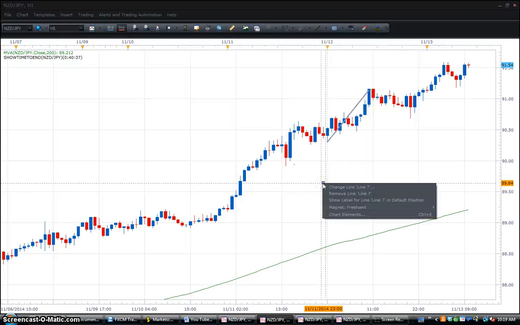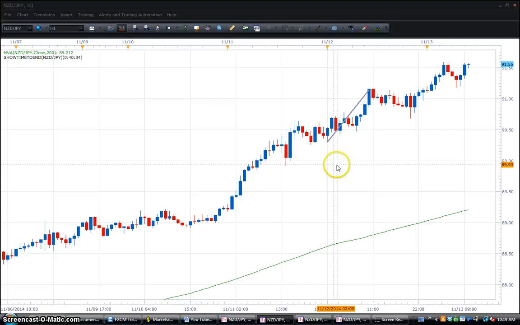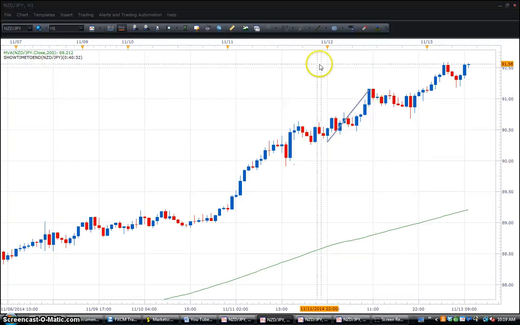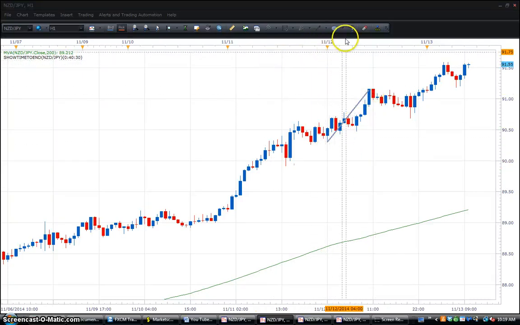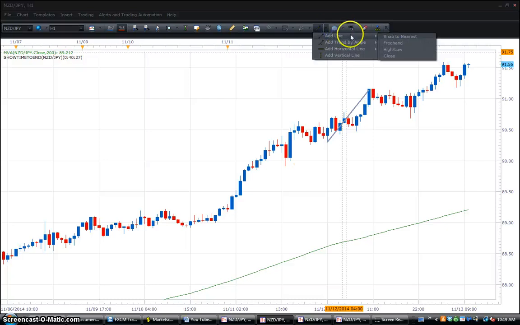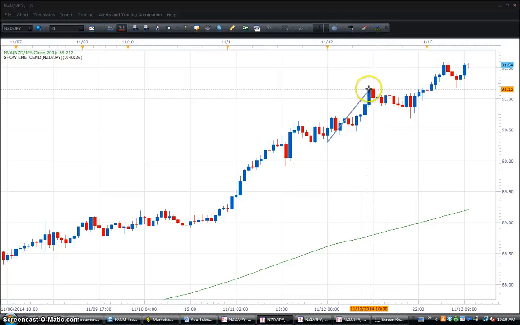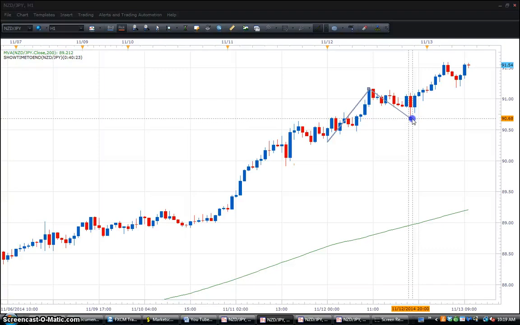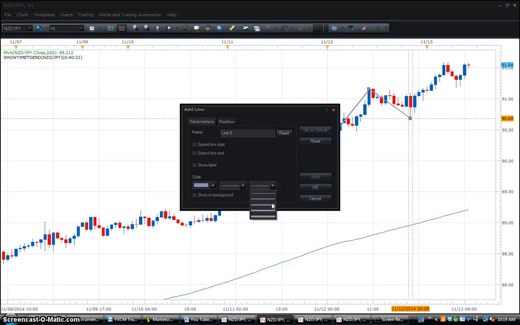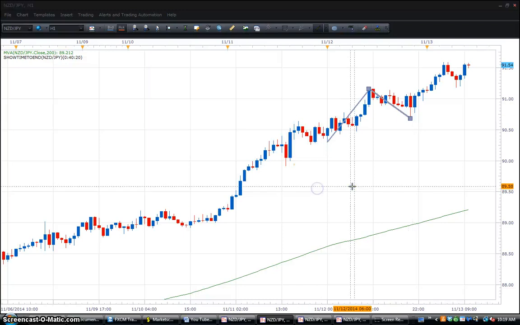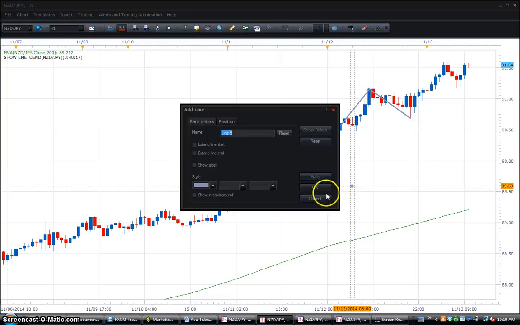Okay, so this is our A move. And then our next move would be a B move, which would be a retracement, if you will, a move to the downside. And that's our B move.